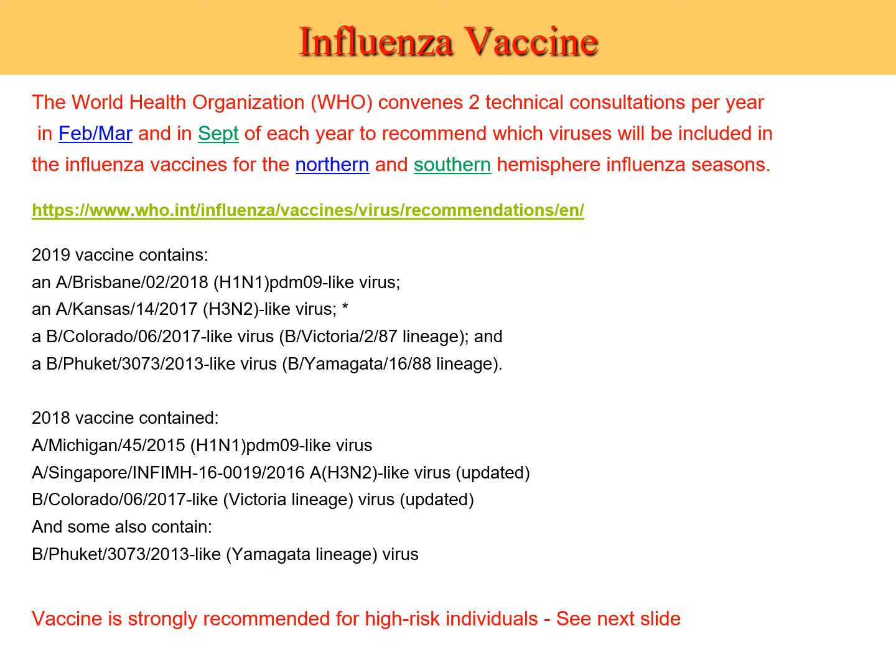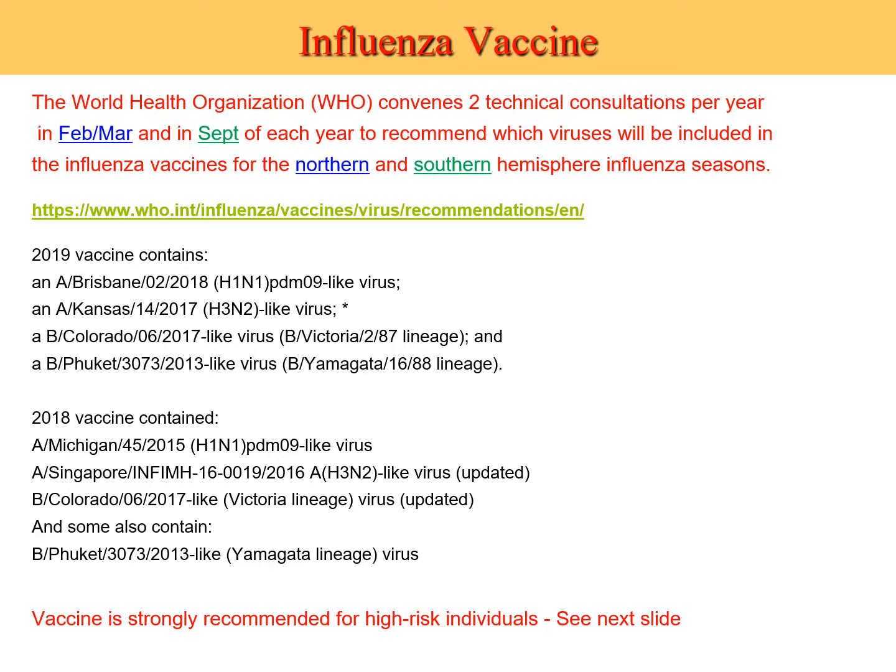Fall and early winter in the Southern Hemisphere, the southern part of the Earth, occurs when we have our spring and summer, and vice versa. And so they look at what were the most frequently encountered strains in people who caught the influenza, and which ones are most commonly going around.